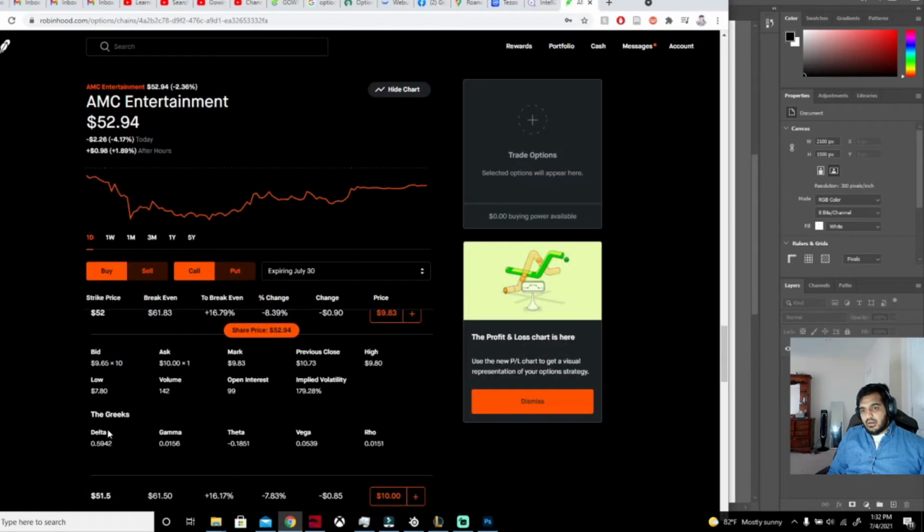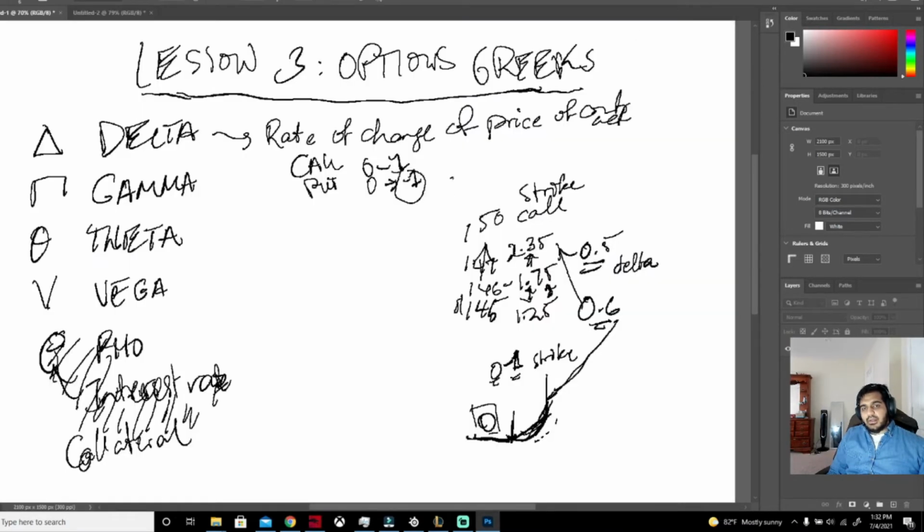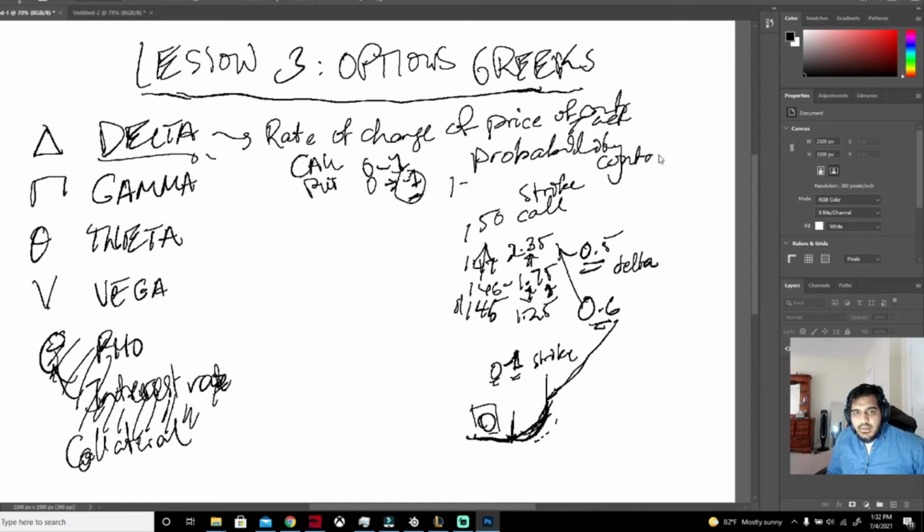So you can see here, this is the calls. It has a positive delta. If you go to a put, it'll have a negative delta. To really see the probability, you'll probably have to do 1 minus the put. So it can also be said that the delta here is the probability that the contract will be in the money, ITM.